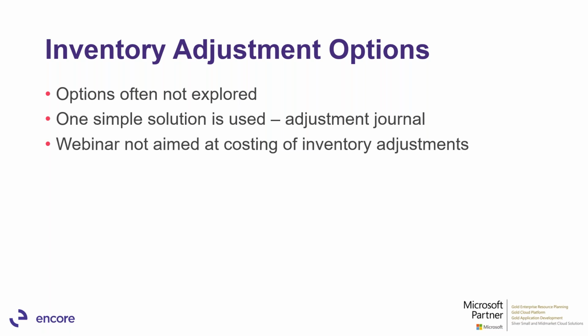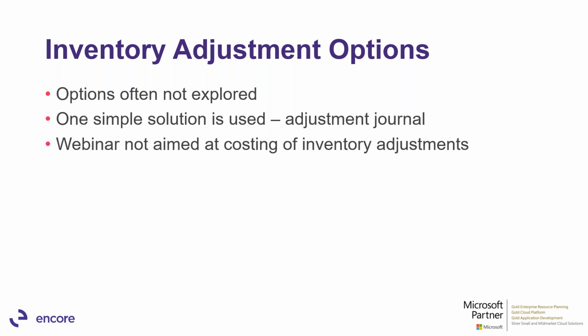It seems to me that the other options that are available are either simply not explored at all during the implementation phase, or if they are explored, they are not necessarily presented properly. And because most legacy systems that customers come from do not have different options for the different adjustment scenarios, users who are not presented these options properly by us consultants, they don't necessarily see the advantages of implementing several options to replace the one option.